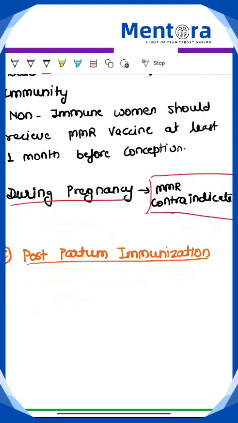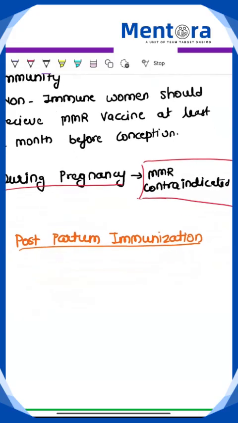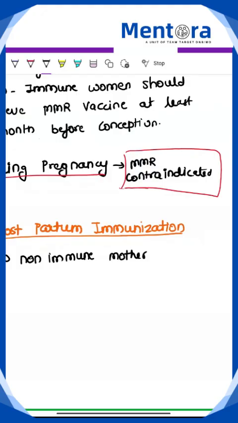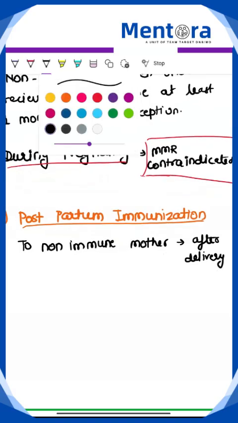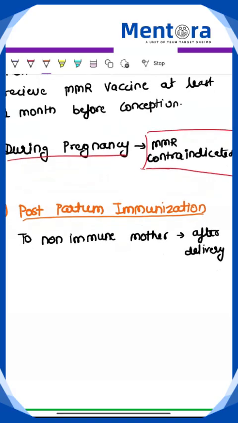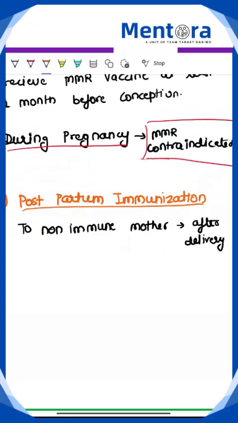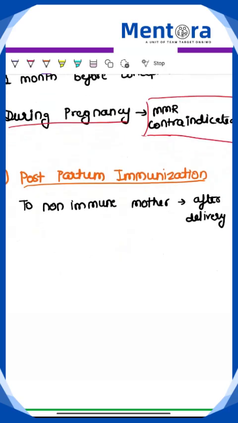If you don't get the chance to immunize during the preconception period, and during pregnancy it is contraindicated, then all non-immune mothers should receive MMR vaccine after delivery. These were the vaccination measures or immunization measures to prevent the congenital rubella syndrome.